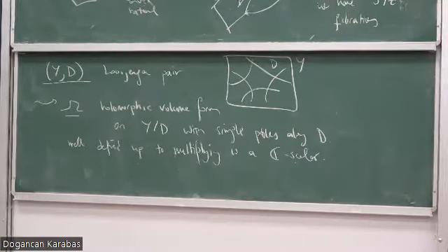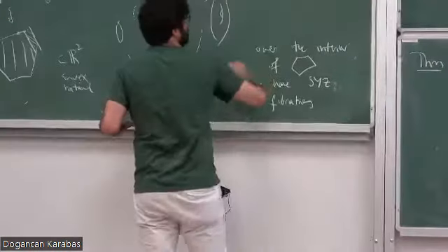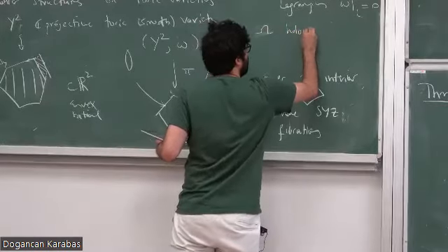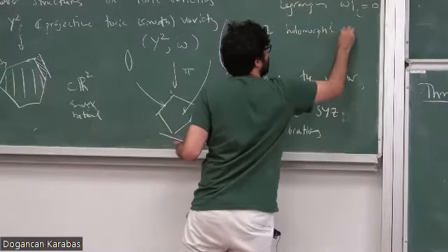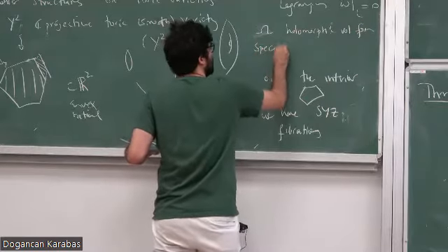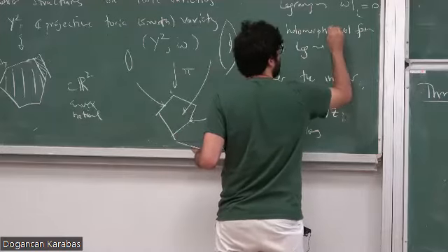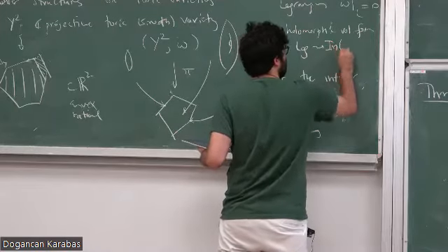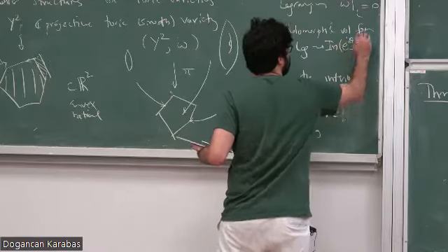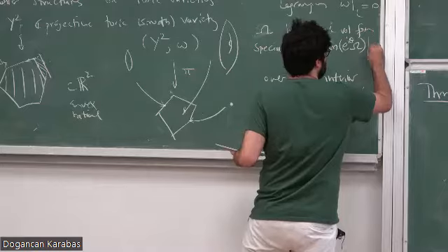Okay, so now what was an SYZ fibration? So recall Lagrangian meant this. And if I also have omega, which is a holomorphic volume form, special Lagrangian means that if you look at the imaginary part of any phase of this holomorphic volume form, then that should be 0 on this Lagrangian.